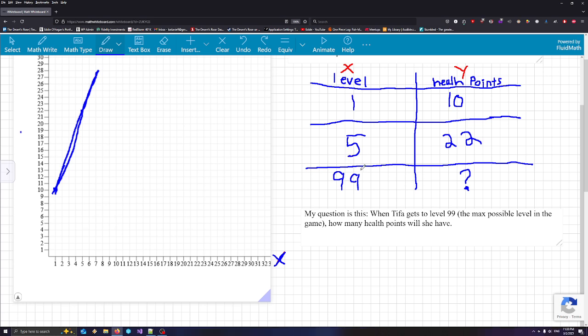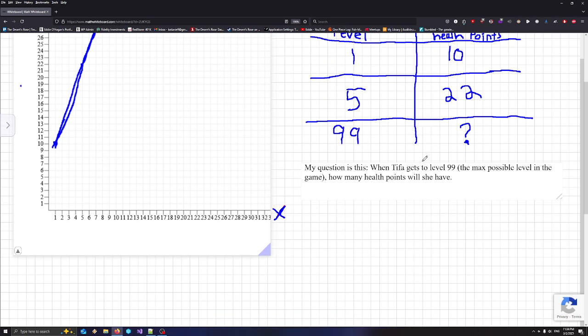Like if I was making a game and I wanted to keep this trend going for all levels, so at level 1 I want my character to have 10 health points, at level 5 I want them to have 22 health points, and then I want the computer to do the rest of the math for me, I could just give it this formula that we're going to come up with. So that's another way to think of why this can be very useful.